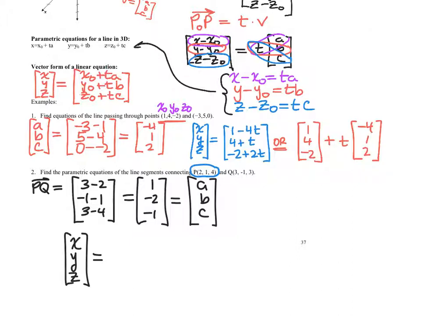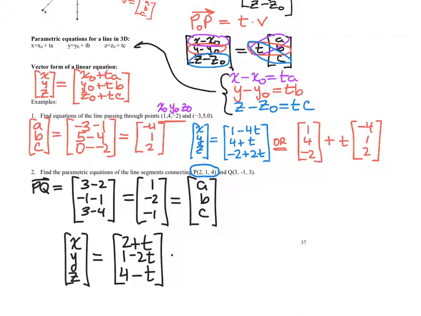So I would be saying my start point, 2, and then plus 1t, so 2 plus t, 1 minus 2t, and 4 minus t. So that's the vector way of writing it.